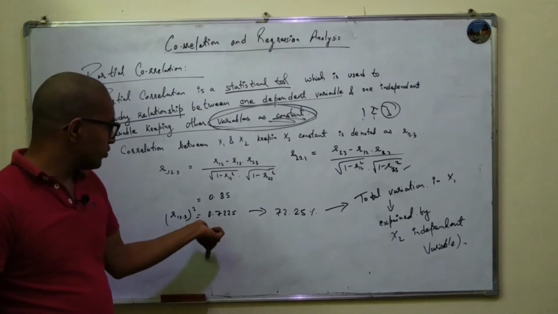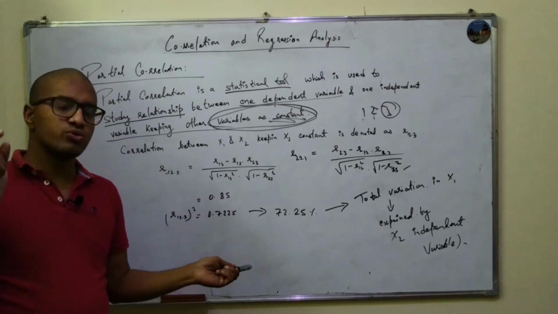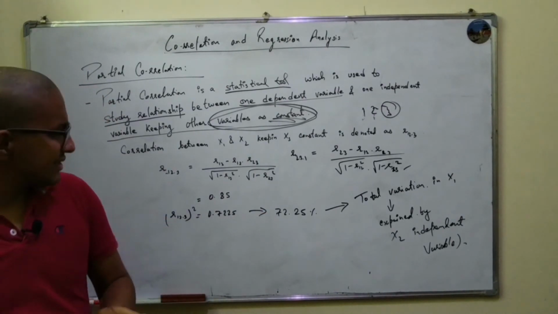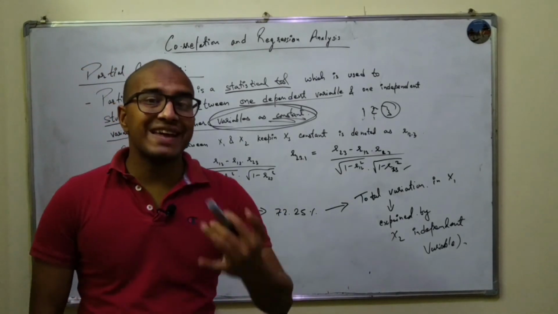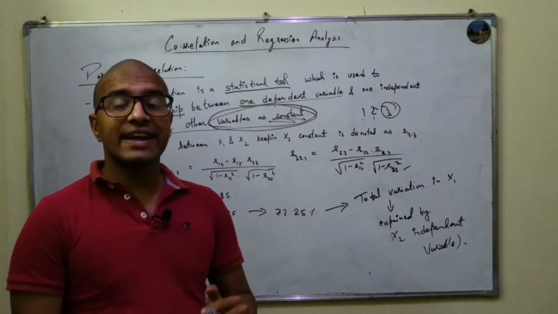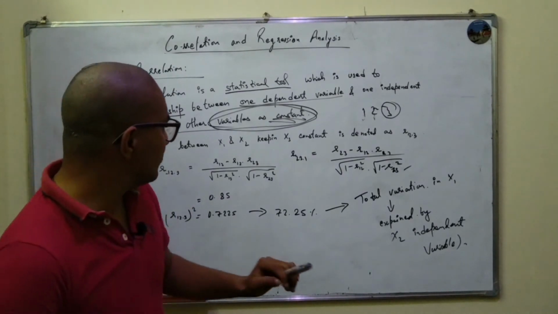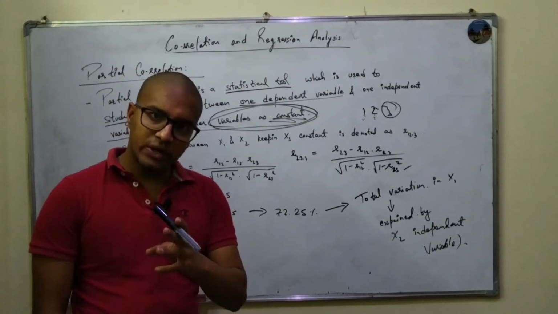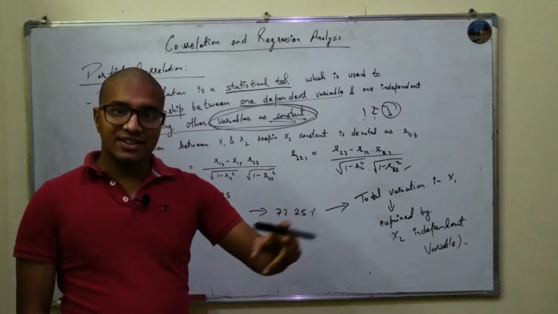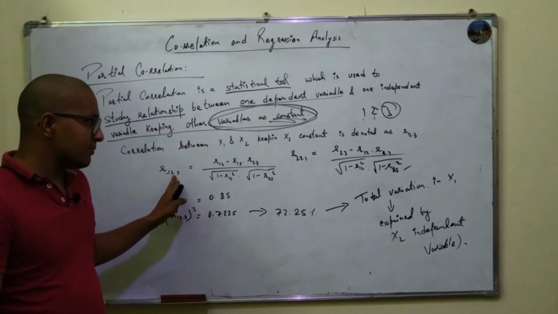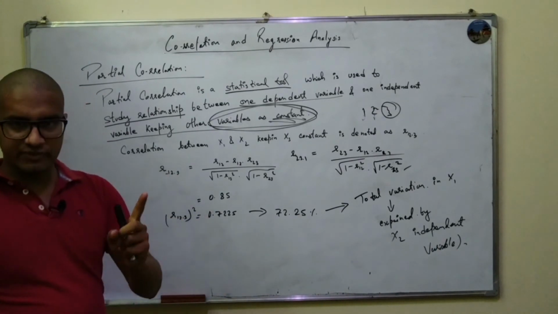So your coefficient over here is 0.7225, which means that 72.25% of the total variance in x1 can be explained by x2. Okay, so 72.25% variance in x1, because once we change this independent variable, it will impact the first variable, right?